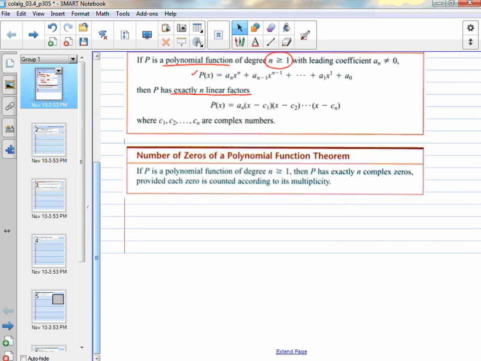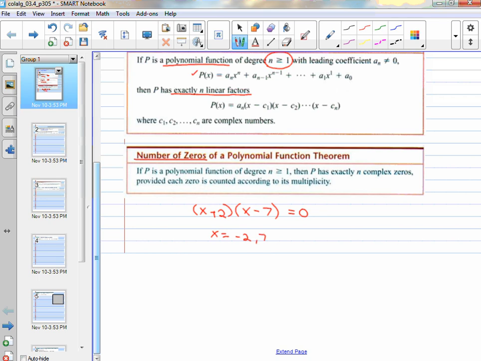So the number of zeros, which simply means each factor set equal to 0. If I have a polynomial and I want to know what makes it equal to 0, x plus 2, x minus 7. Oh, if I can make 2 linear factors, it must have been a second degree equation. And this leads to how many zeros did I get here? 2 zeros.